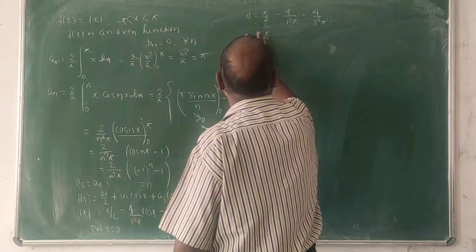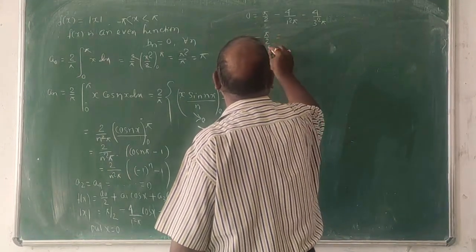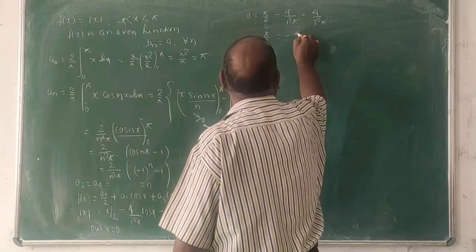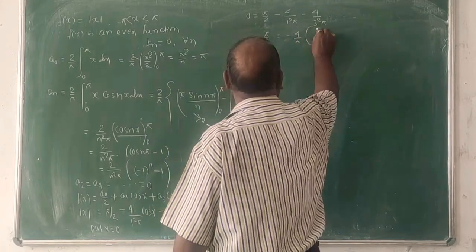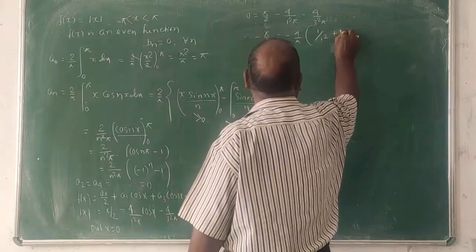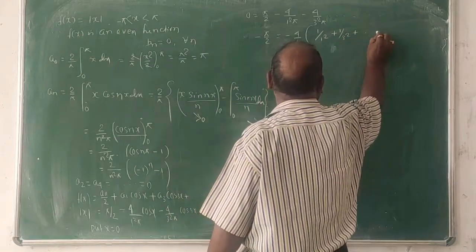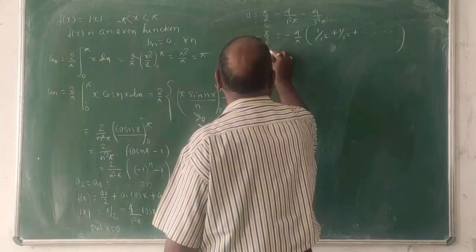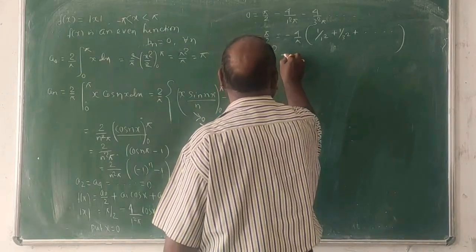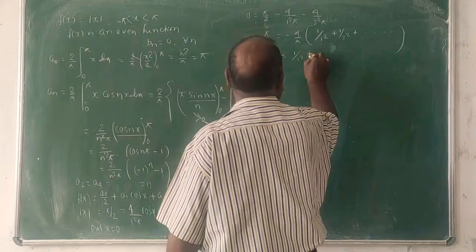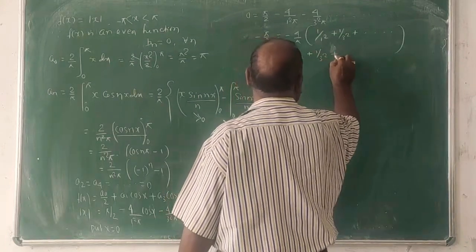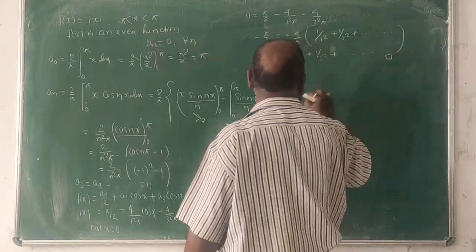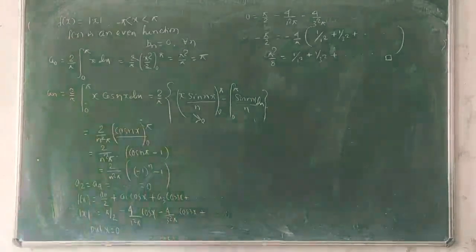Minus pi by 2 equals minus 4 by pi taking common, 1 by 1 square plus 1 by 3 square and so on. Then pi square by 8 is 1 by 1 square plus 1 by 3 square and so on.